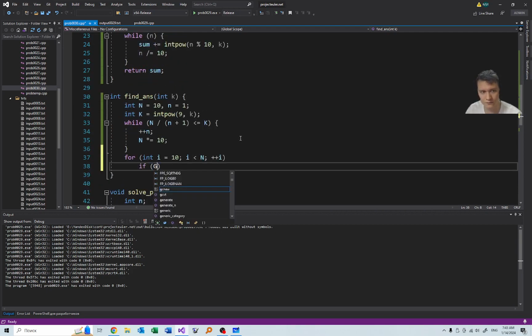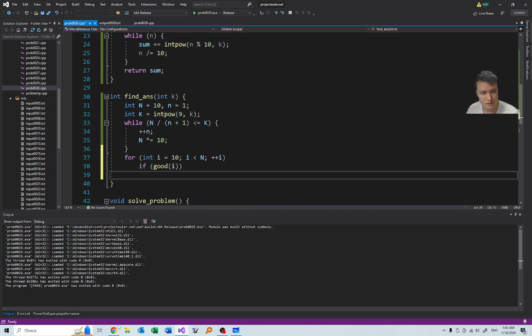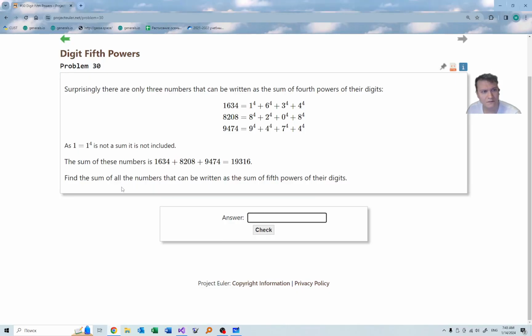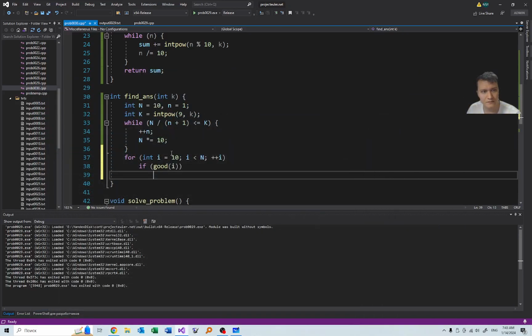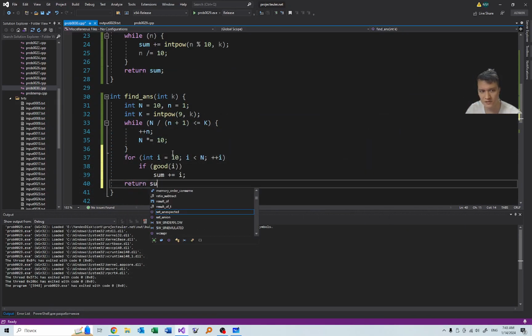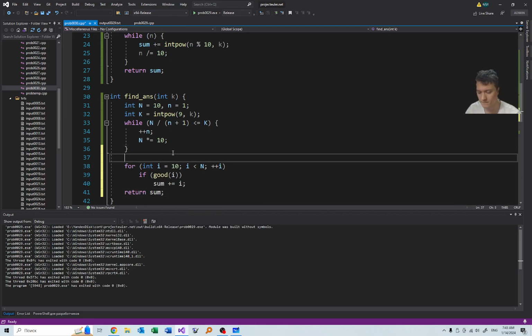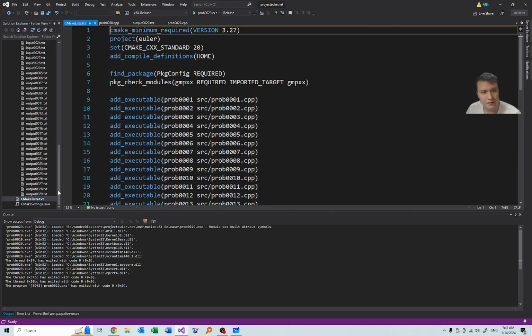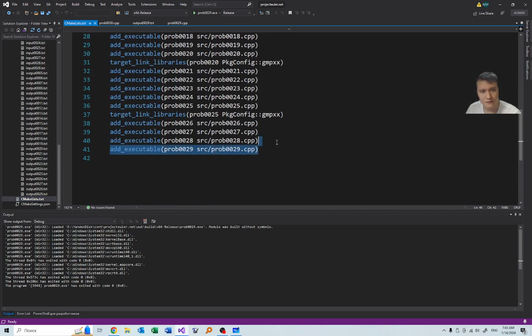And if good of i, we need to find the sum of all these numbers. Sum plus equals i, and we return sum. Let's check our solution. First of all, we need to create a new target.